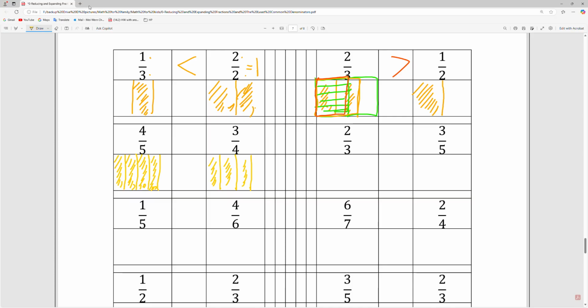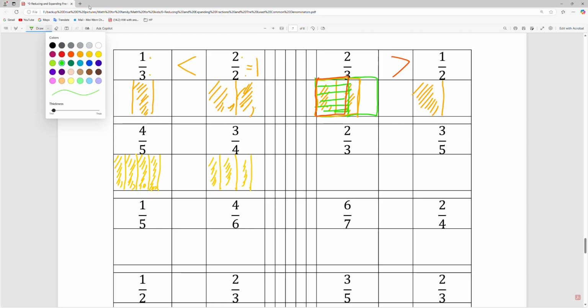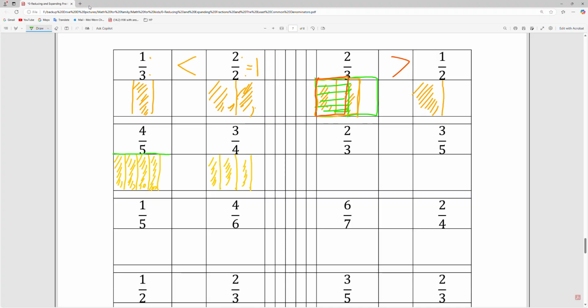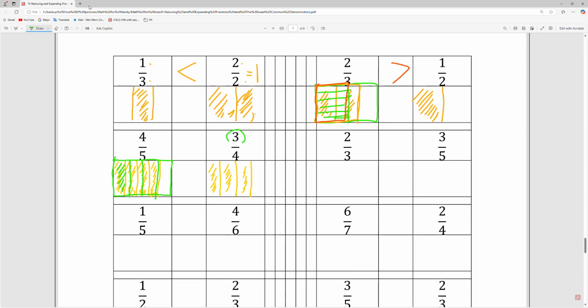But it's not easy to compare because they are separate. So I would suggest in this case, you draw this picture 3/4 in the same location. You divide by 4. So divide by 2, and divide by 2, and divide by 2. And you want the 3 of them. 1, 2, 3. Wow, too close, right?